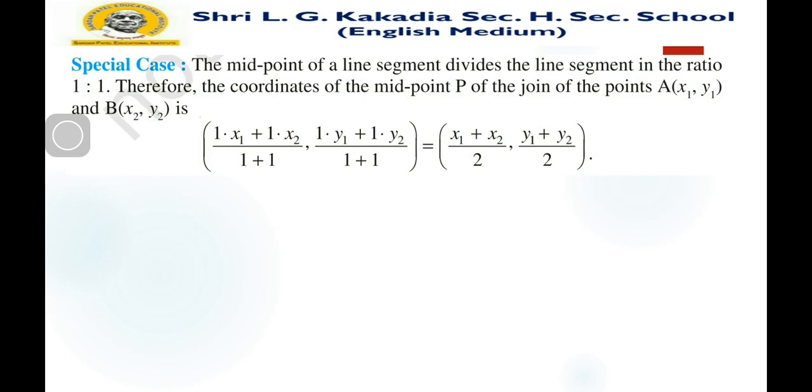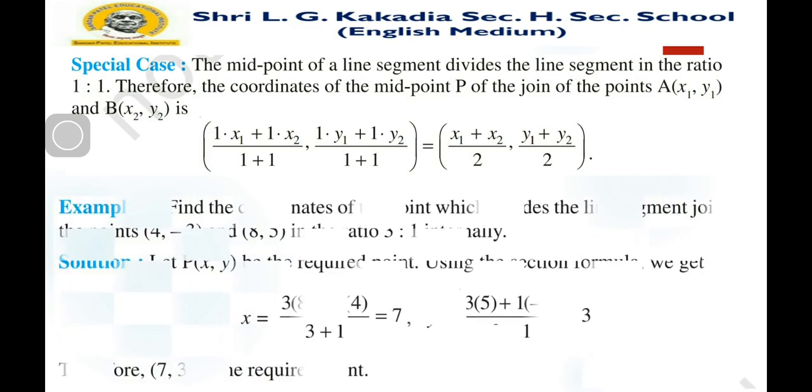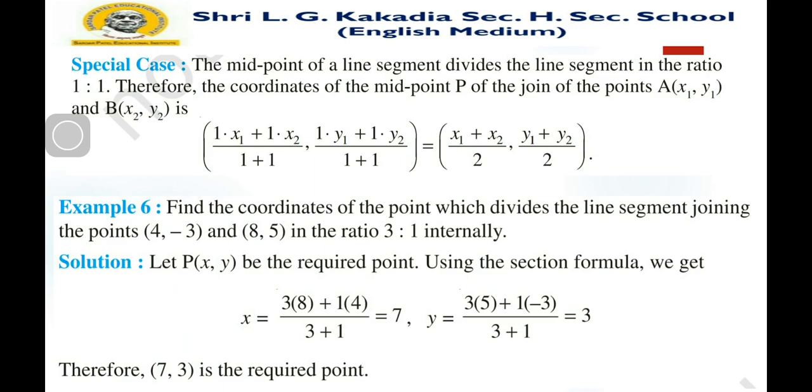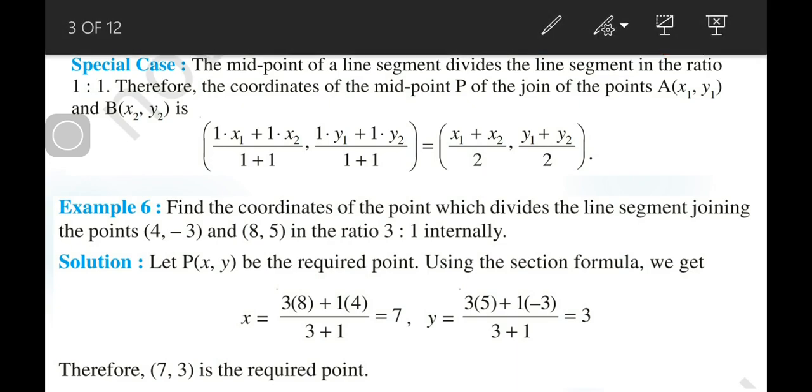So using these three formulas, let me solve some examples here. Example number 6. Find the coordinates of the point which divides the line segment joining the points (4, -3) and (8, 5) in the ratio 3 is to 1. First let me write it.